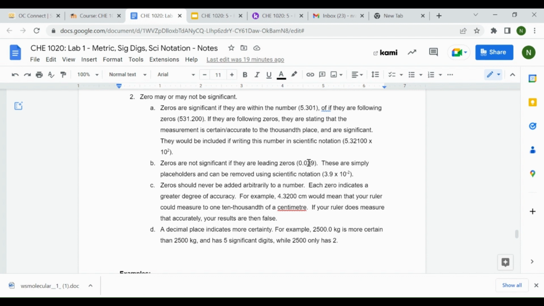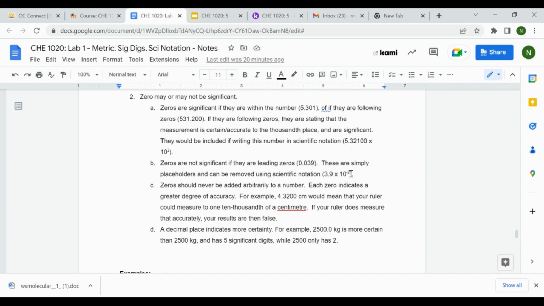Now, here's where it gets a little dicey. The zeros, if they're leading zeros, so for example, if you've got a decimal point, then a couple of zeros here, these leading zeros are simply placeholders. We only measured to these decimal places here. So I can rewrite this number as 3.9, just like we did before, when we were changing numbers using scientific notation.